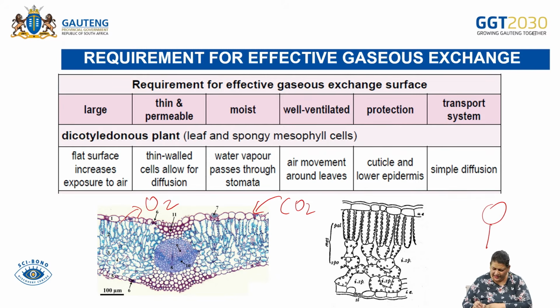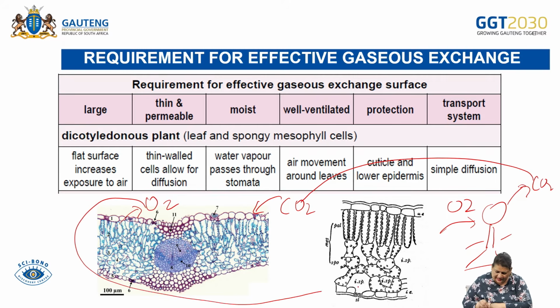Whereas human beings release the CO2 which is taken up by the plants, and they inhale the oxygen which is released by the plants. So the CO2 exhaled by humans and animals is taken in by the plants. That's gaseous exchange in plants, and that's gaseous exchange in a human.